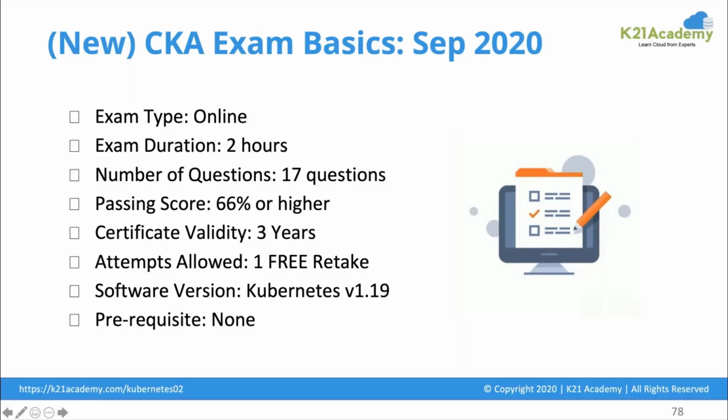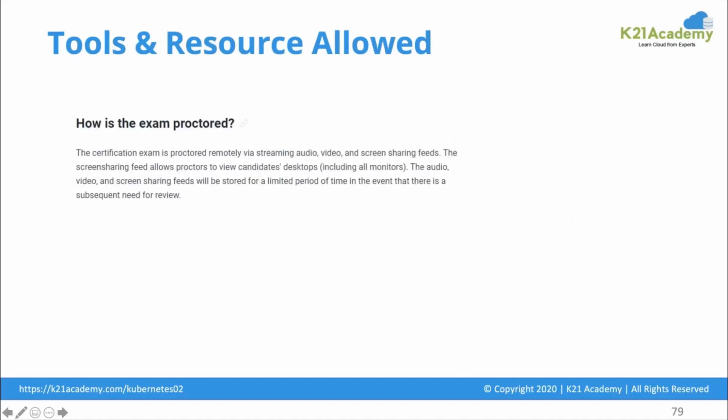When they came up with CKAD and CKS, they segregated those topics, and they reduced the time frame of this exam, the number of questions, and the passing score. Earlier, the passing score used to be 73%, but now it is 66%. The certificate is valid for 3 years and you can take one free retake. They normally test on the latest version of Kubernetes, and we are running version 1.19.